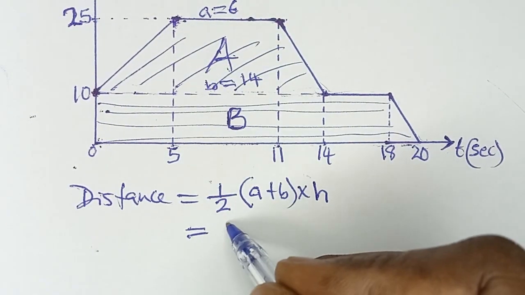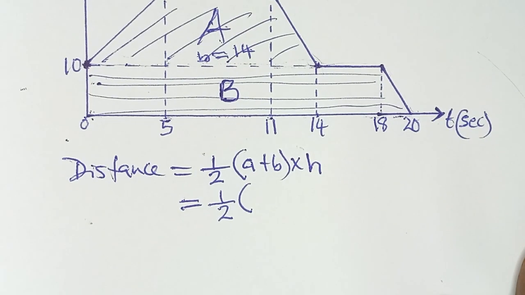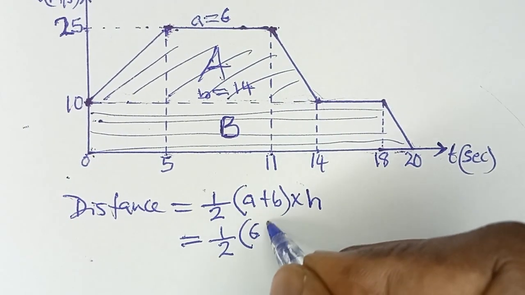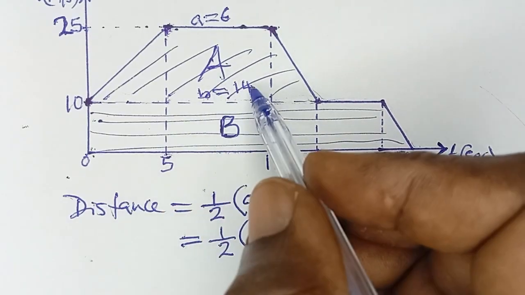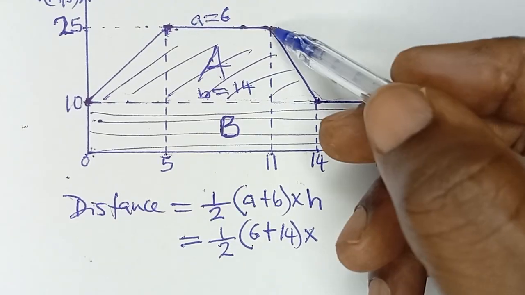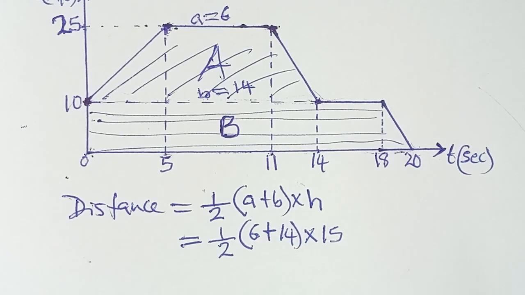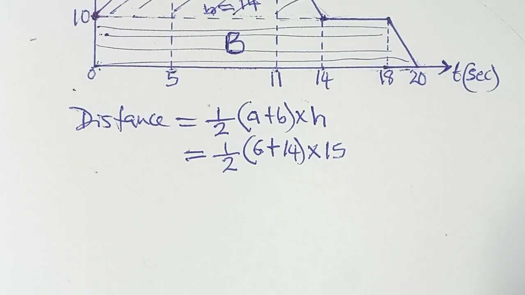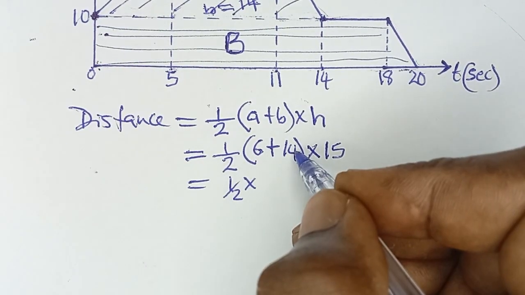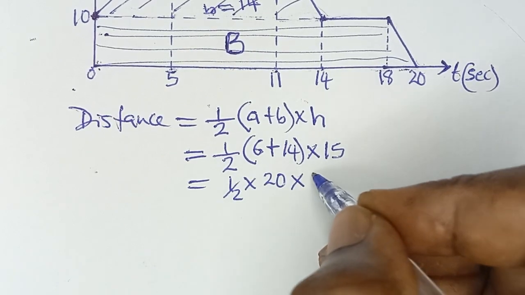So I can now substitute values, and I say 1 over 2 multiplied by the value of A, which is 6, plus the value of B, which is 14, that is from here to here, 14, multiplied by the height of this trapezium, which is this 15 here. And I can work further, and that will give me half multiplied by 6 plus 14 is 20, and then multiplied by 15.